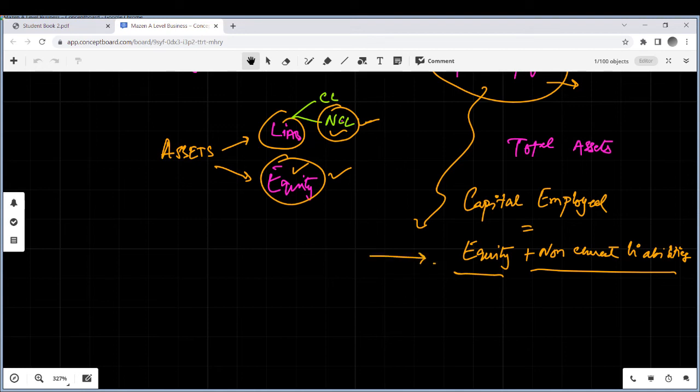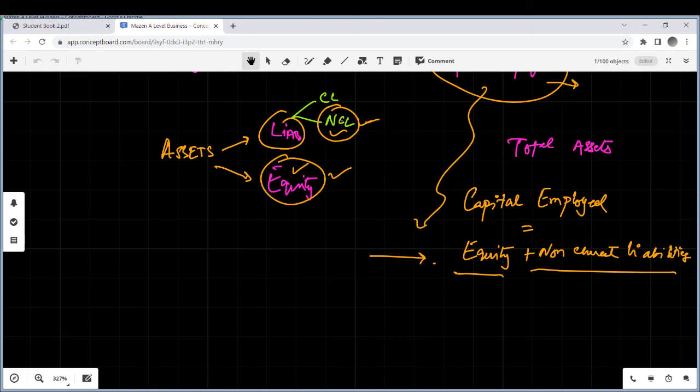This is what capital employed is: the source of finance that a business is sure about, that it will have for at least the next 1 year. So the business can invest it in long-term projects.